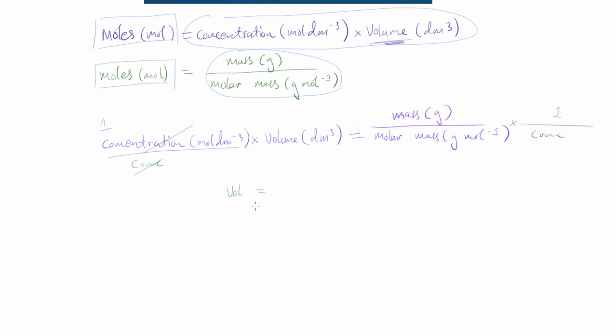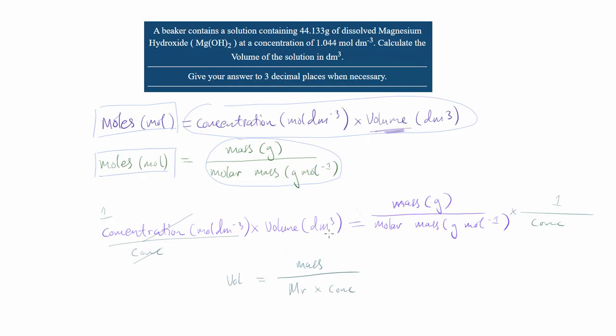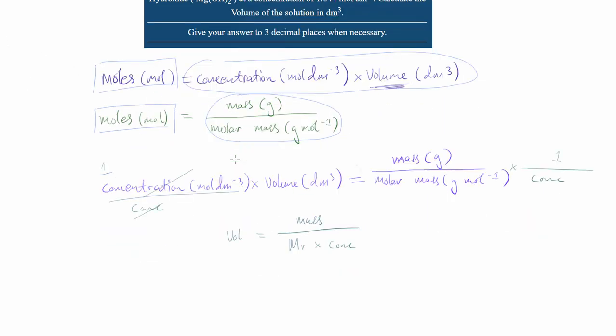So the volume is going to be equal to the mass divided by the molar mass, which you could represent as Mr, multiplied by the concentration. But at the moment we don't have the numerical figure for what the molar mass is.